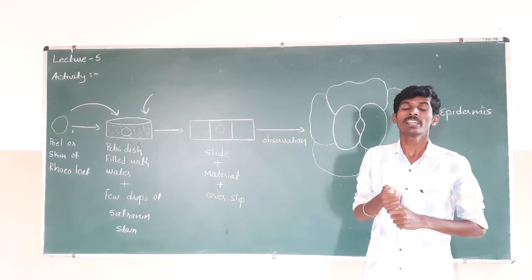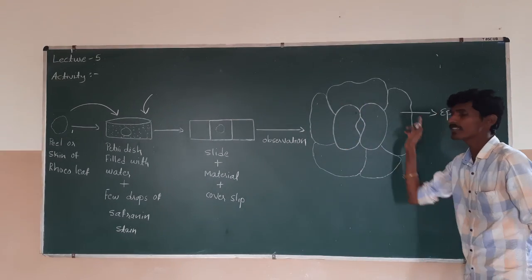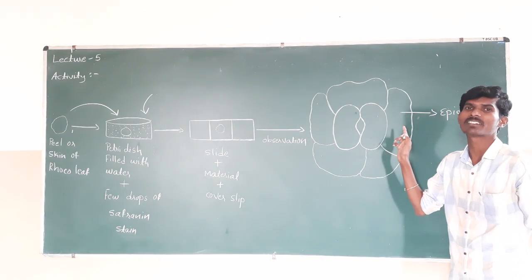The epidermis is usually a single layer of cells. It is not a double layer.